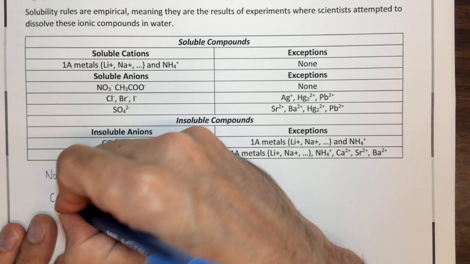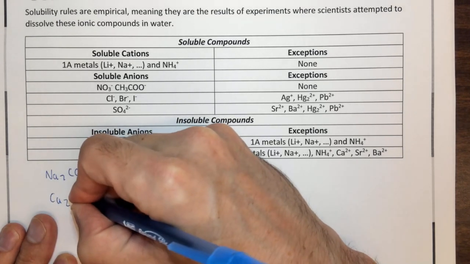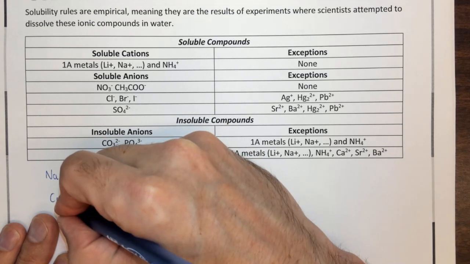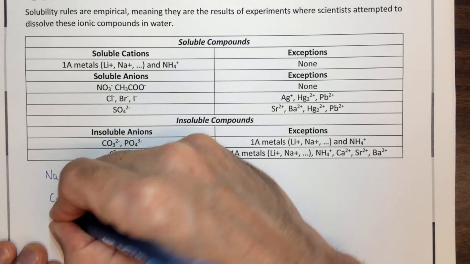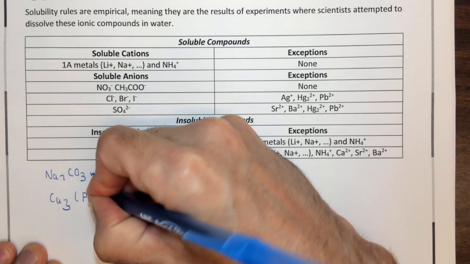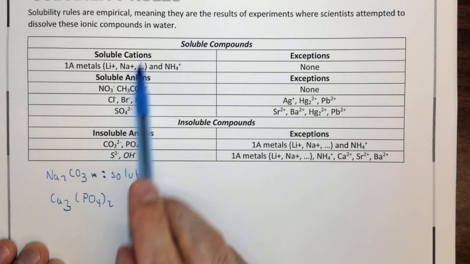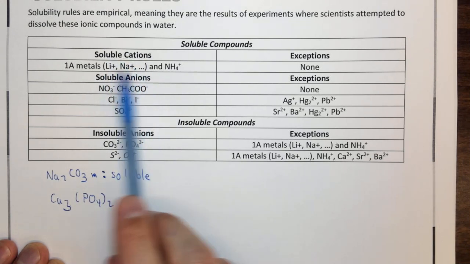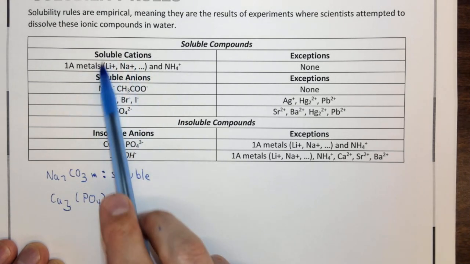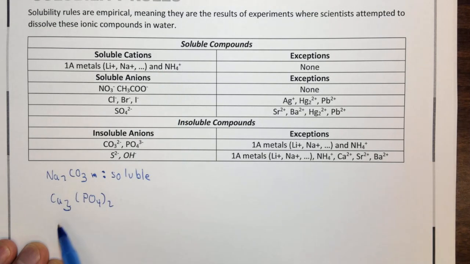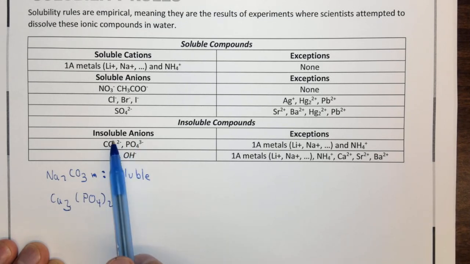Ca3(PO4)2, calcium phosphate. So if we look here, there's no solubility rule for calcium, right? These are your soluble cations. Calcium's a cation, it's 2 plus. Here we have phosphate, which does have a solubility rule.